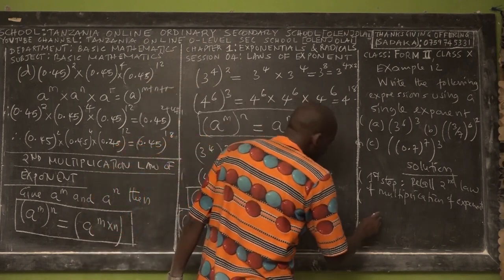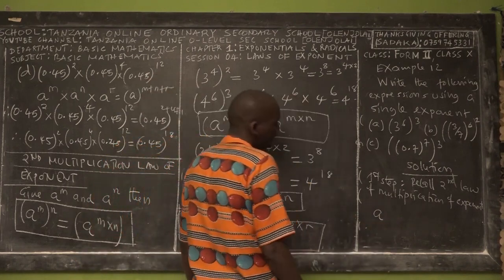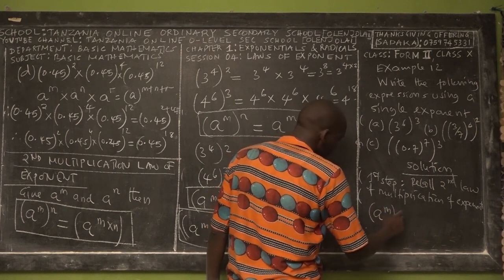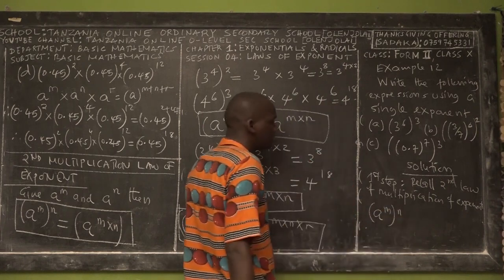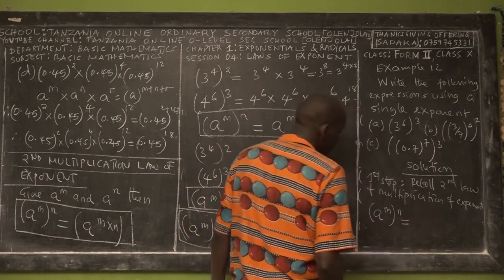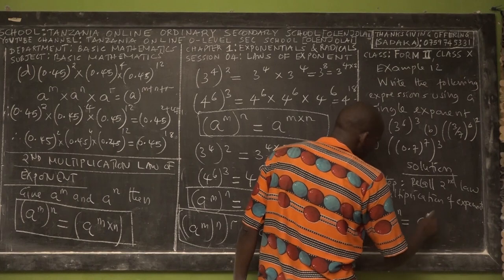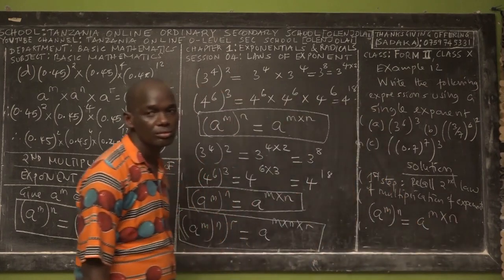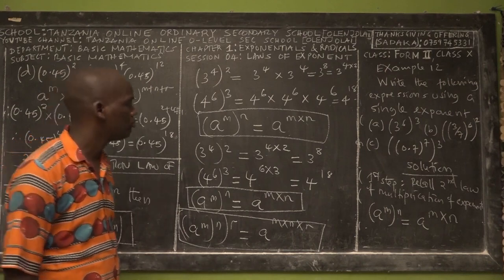How does it state? You have an exponent with base a, exponent m, then open and close bracket, power n. This is equal to a power m times n. That's the law.